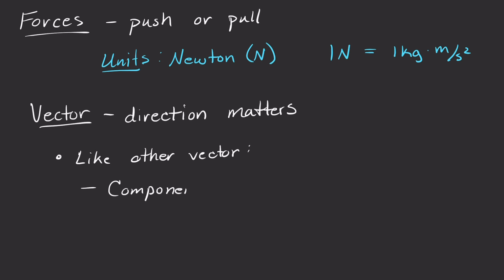So a force that is at some angle, say it's up and to the right, we'll call it capital F, and call this angle theta, can be broken into an x component and a y component. Okay, just like we do with a velocity vector or an acceleration vector.